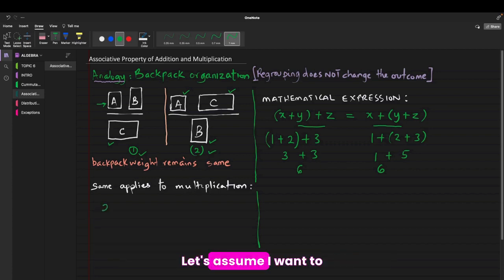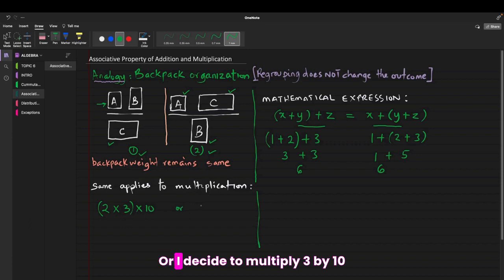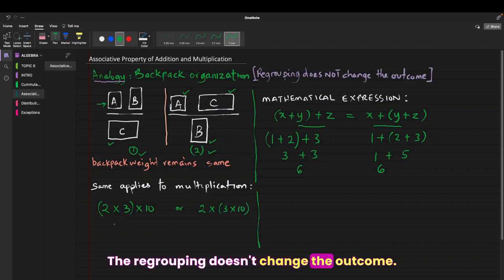So let's assume I want to multiply 2 by 3 by 10. In the first scenario, I decide to multiply 2 by 3 first and then multiply by 10. Or I decide to multiply 3 by 10 first and then multiply the result by 2. The regrouping doesn't change the outcome.